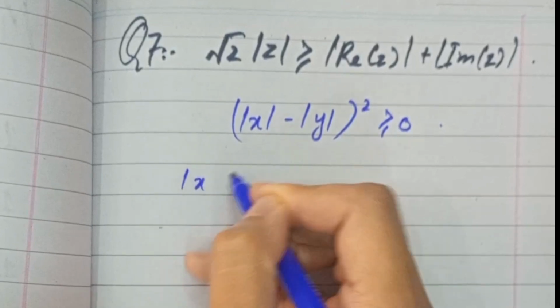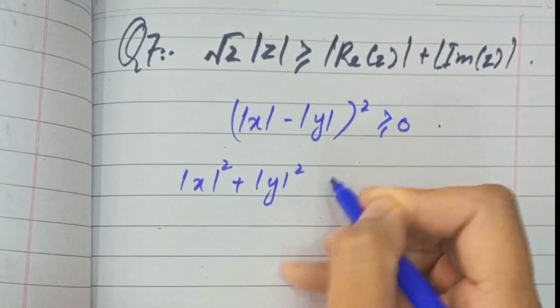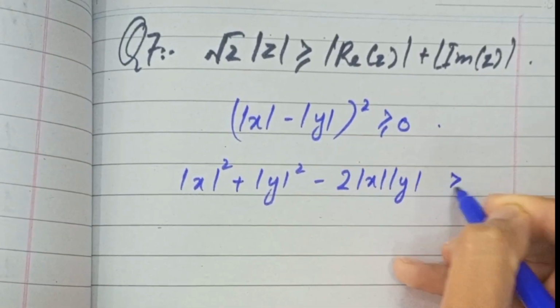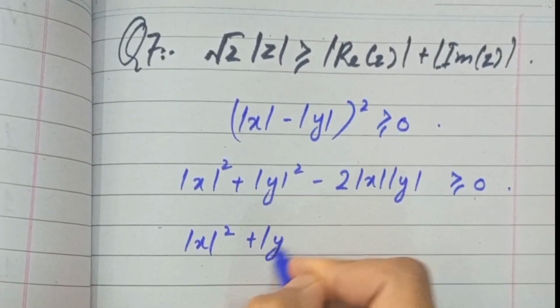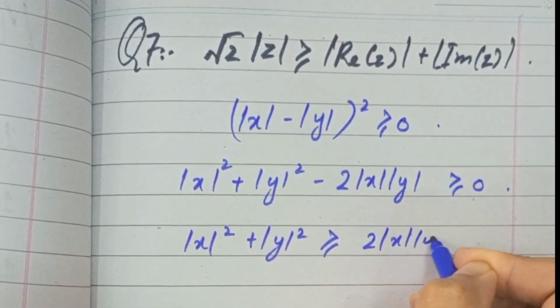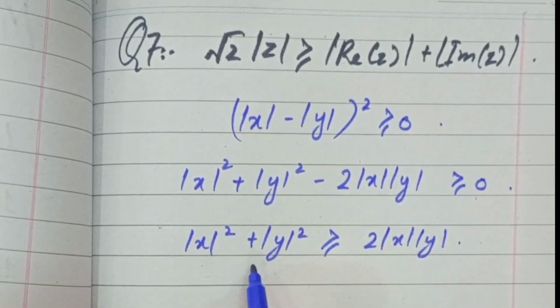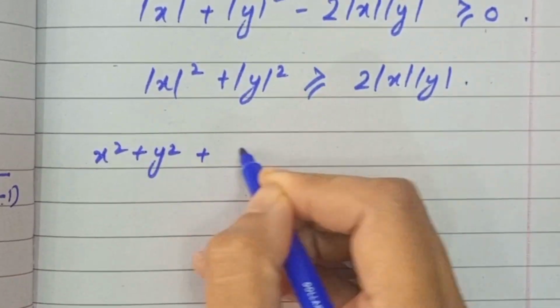Open up, shift it up. So now we are going to add x² + y² on both sides.